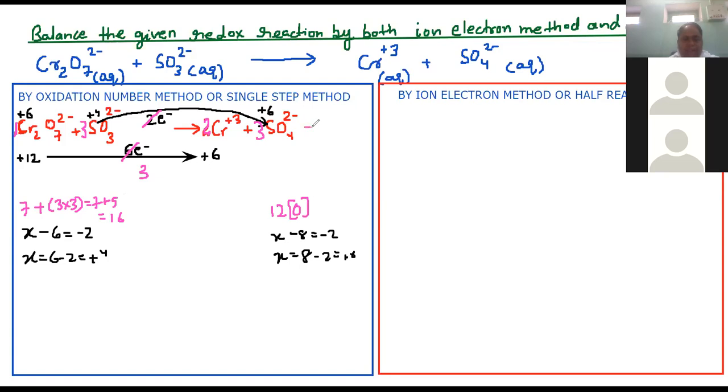So to make it 16, I will give 4 H2O. So 4 oxygen plus 12 oxygen, 16 oxygen. Now hydrogen has become lesser here, so we will make it 8H plus.